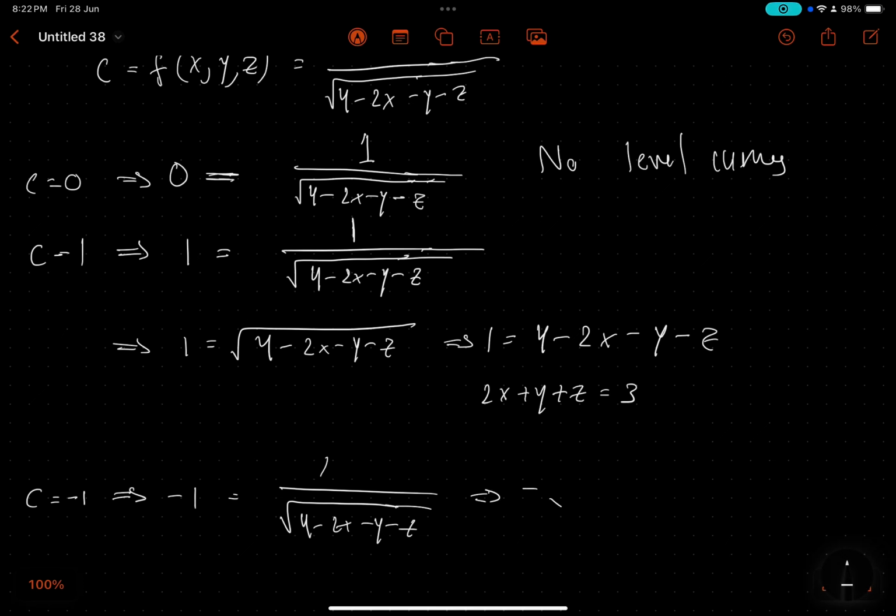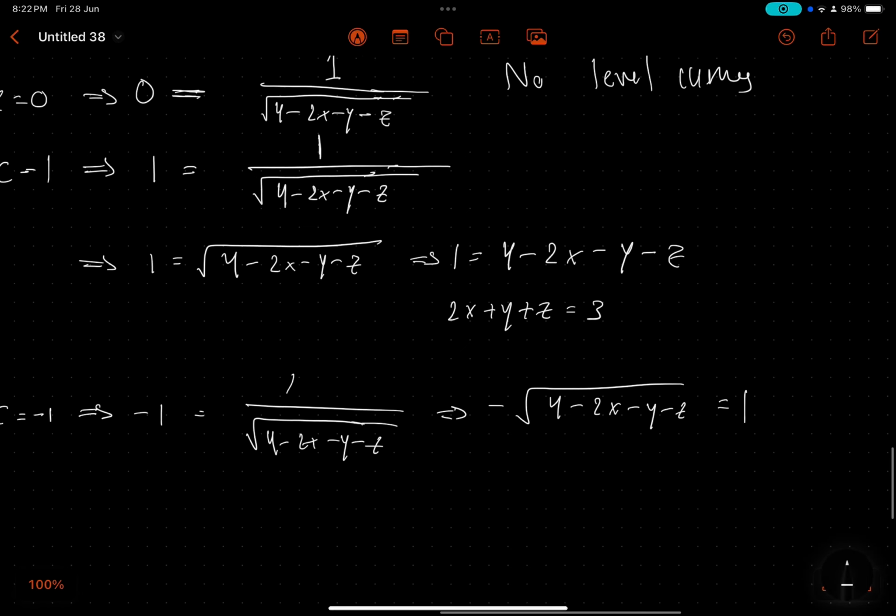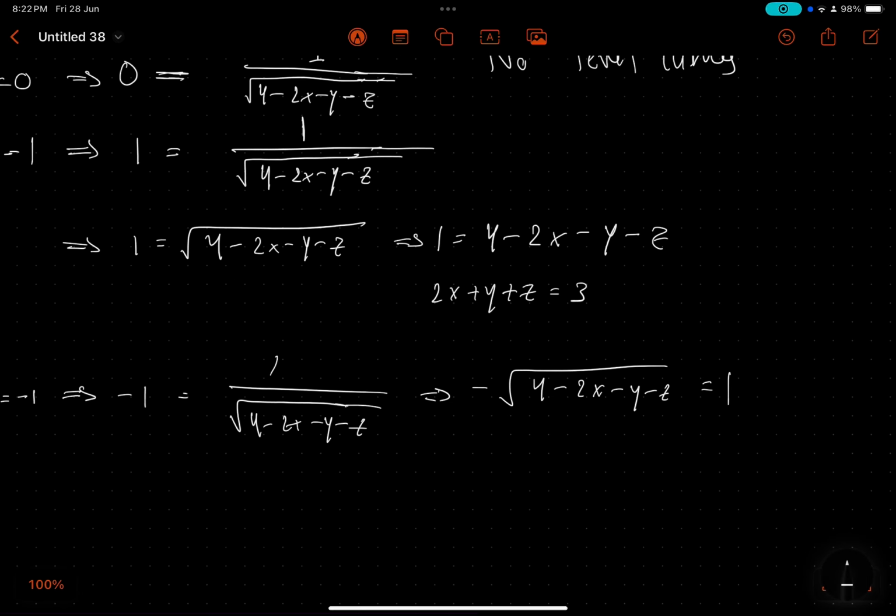If you square, you get the same exact answer as c equals 1. So we're going to get 2x plus y plus z equal to 3.